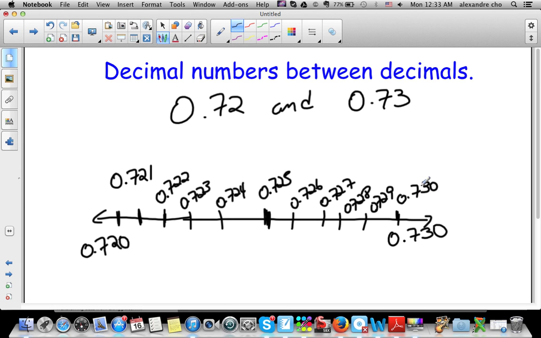Okay, so the trick here is to add a 0 to the end so that you can start your count.